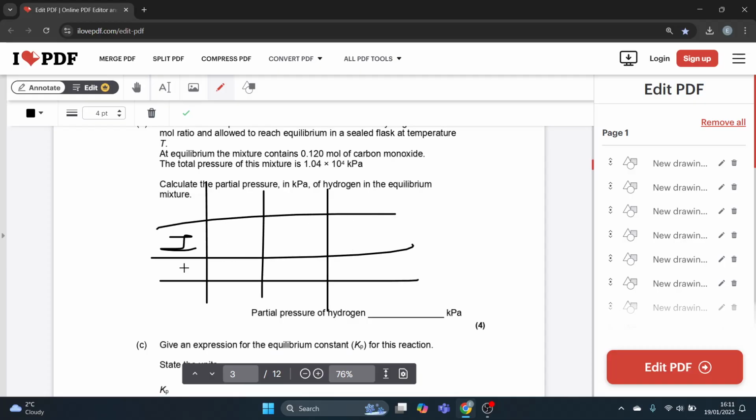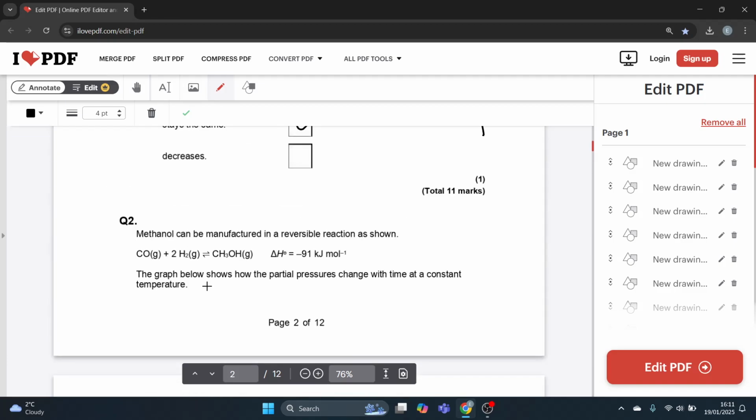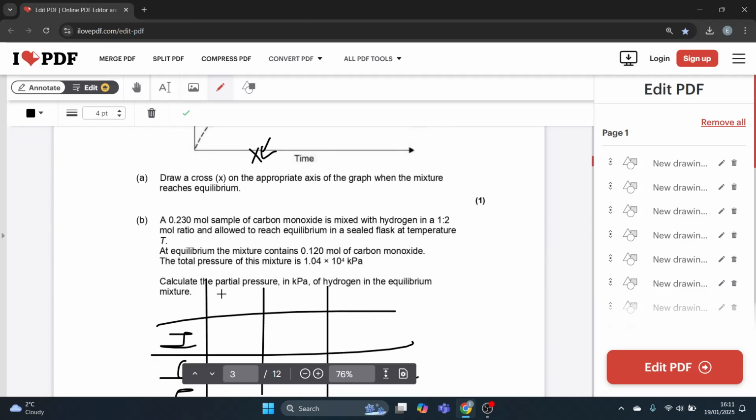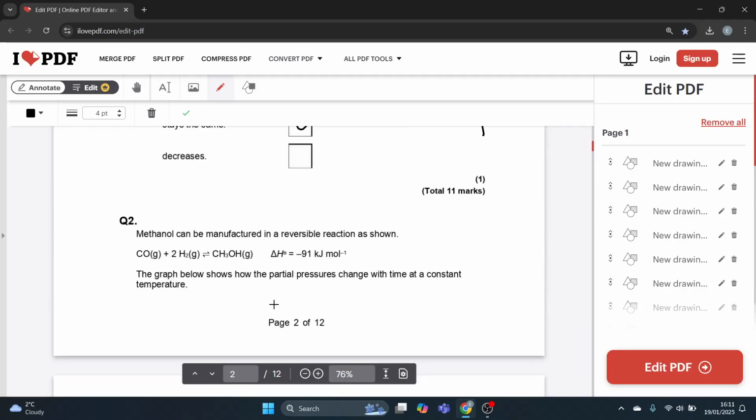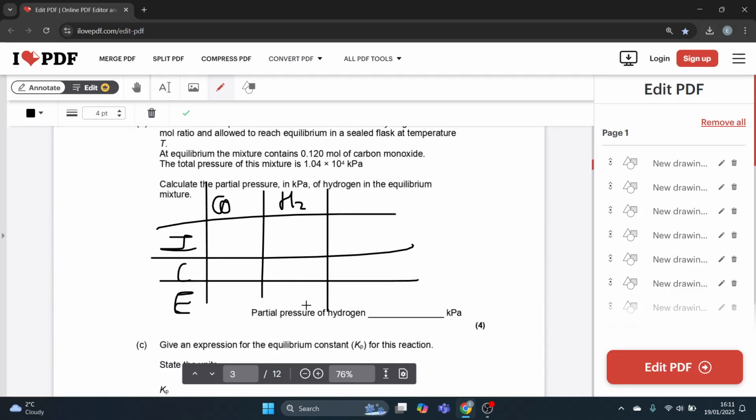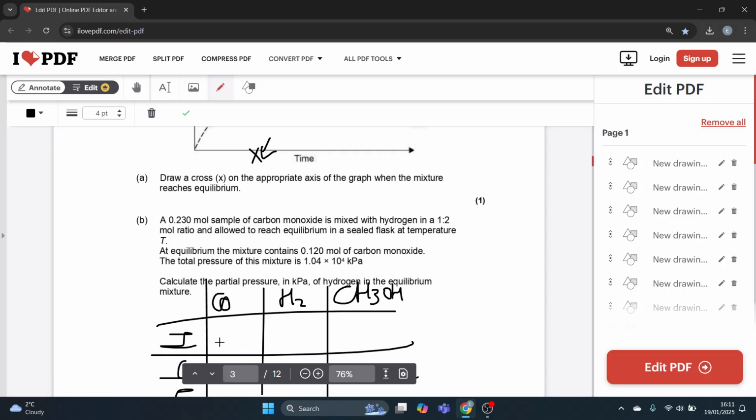ICE method again. In this case I've got carbon monoxide, hydrogen, and methanol, CH3OH. Initially, I have 0.230 mole.